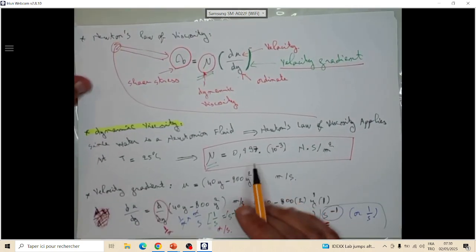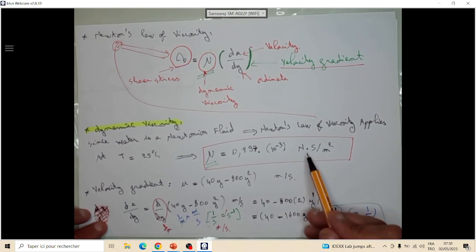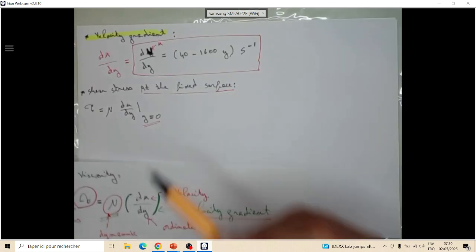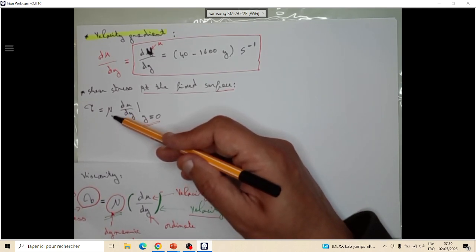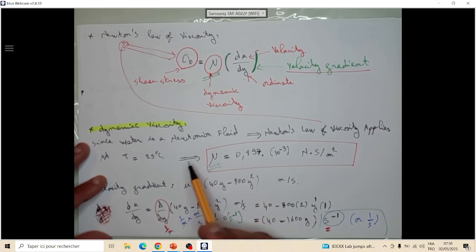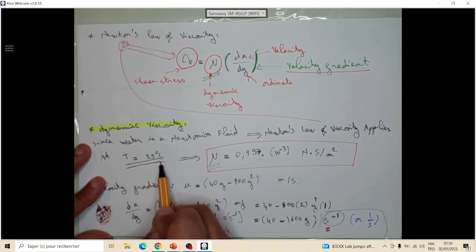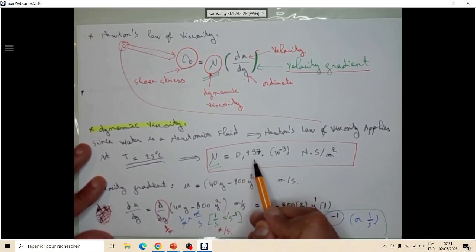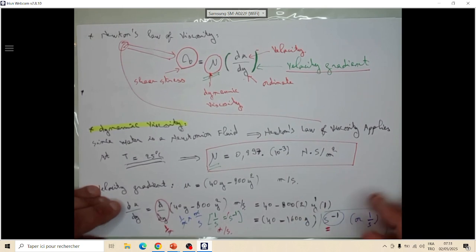I will take it from the table, where we found it for the temperature of 25 degrees Celsius. The value of mu is 0.897 times 10 to the power minus 3 Newton times second per meter squared.